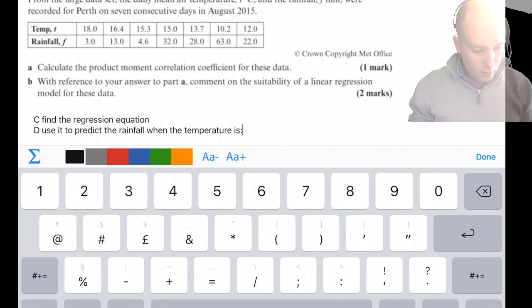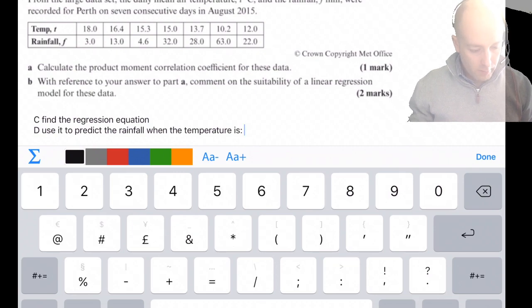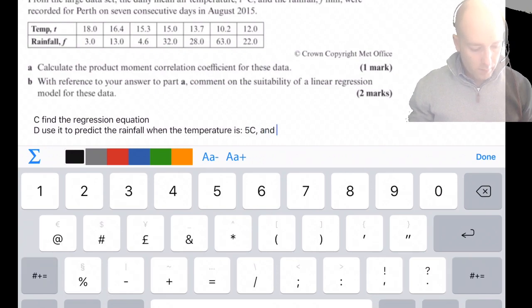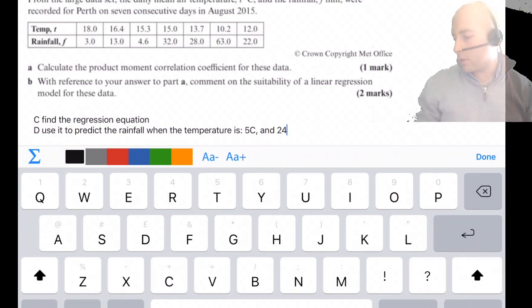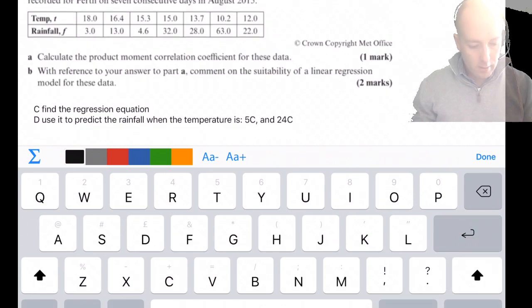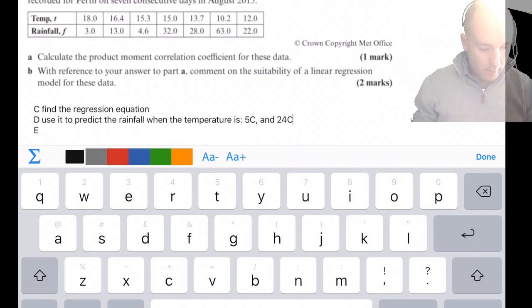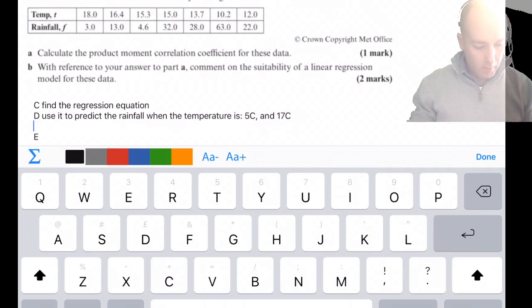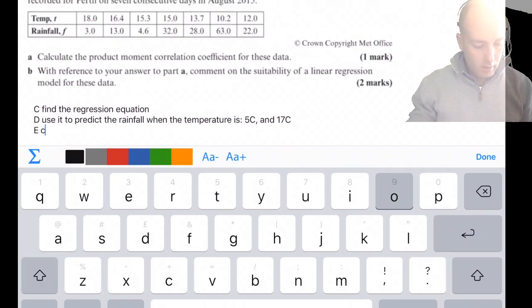We'll go for 5 degrees and 24 degrees. So when it's cold and when it's really hot. And then last bit, actually, let's make one of these a bit easier. Make one of these 17. E is going to be comment on the reliability of your answers to D.